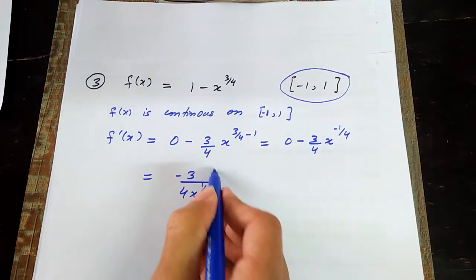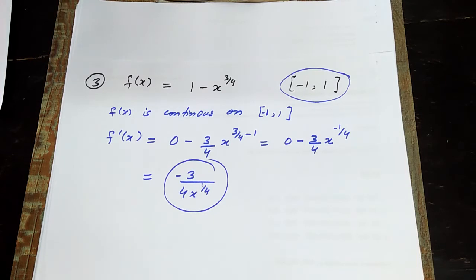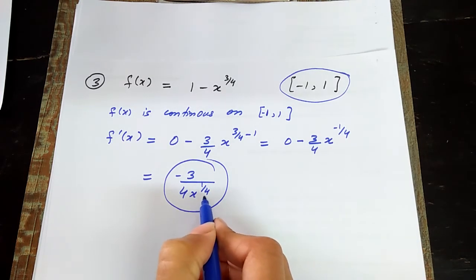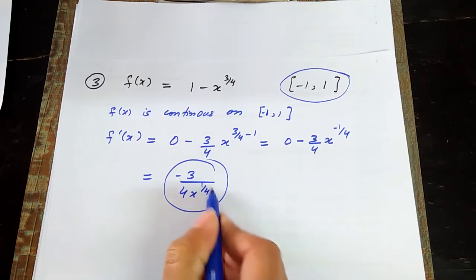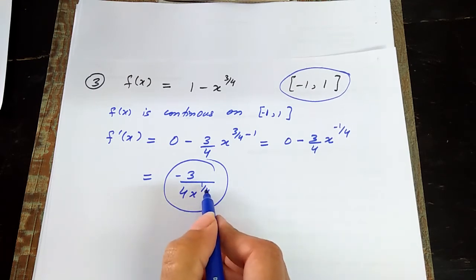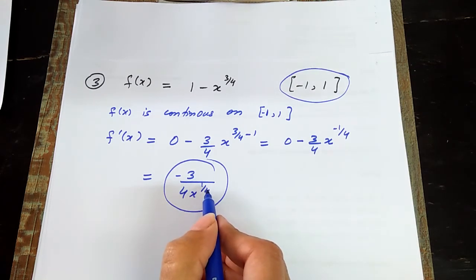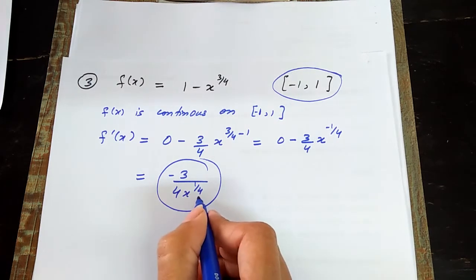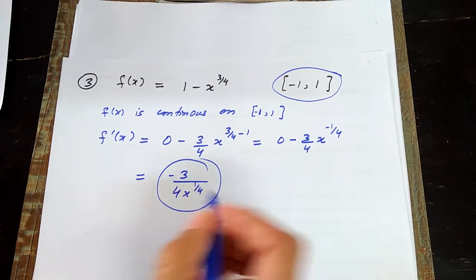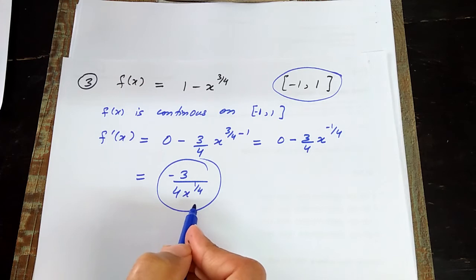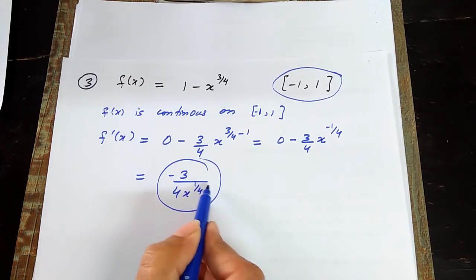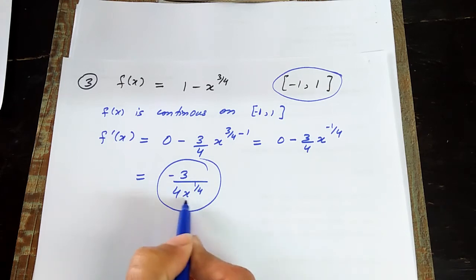Now you got some fraction. Whenever you get some fraction, you will check its denominator, because you know very well that a fraction has some limitation: if the denominator becomes equal to 0, your fraction becomes undefined. So you see, in this denominator you have x here.